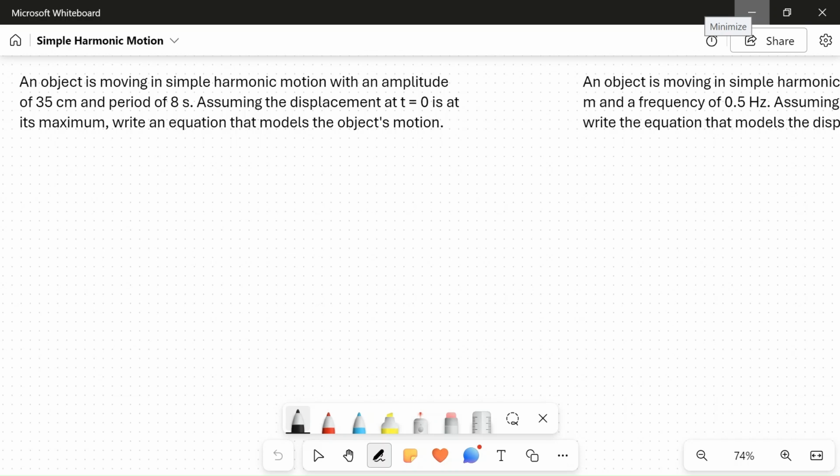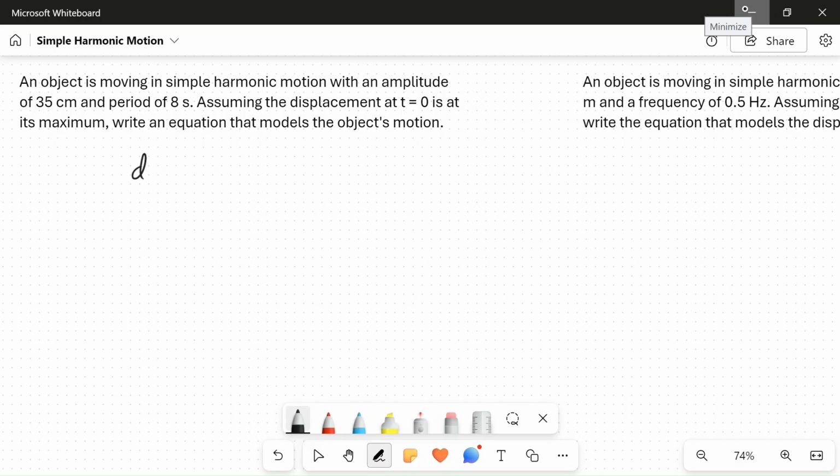Let's look at a few examples, a few applications of simple harmonic motion. Just a reminder, harmonic motion deals with displacement of an object that moves in a sinusoidal pattern. That just means that we could model the displacement that it travels over time using a sine or cosine graph.